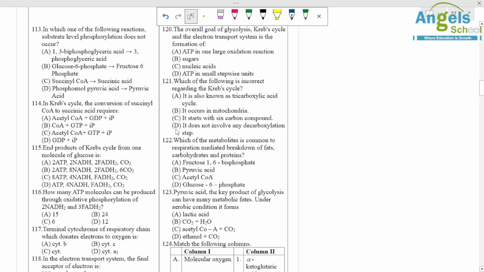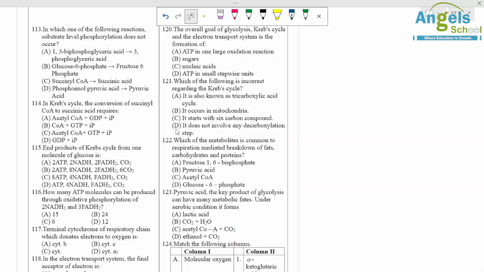Question number 113. In which one of the following reactions does substrate level phosphorylation not occur? Option A, 1,3-bisphosphoglyceric acid converts into 3-phosphoglyceric acid; glucose 6-phosphate into fructose 6-phosphate; succinyl CoA into succinic acid; and D option, phosphoenol pyruvic acid into pyruvic acid.